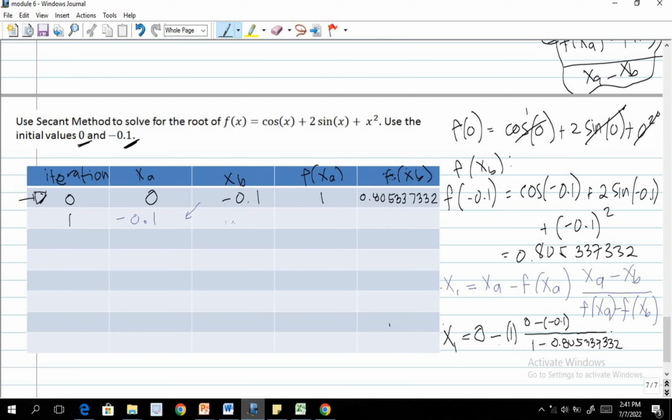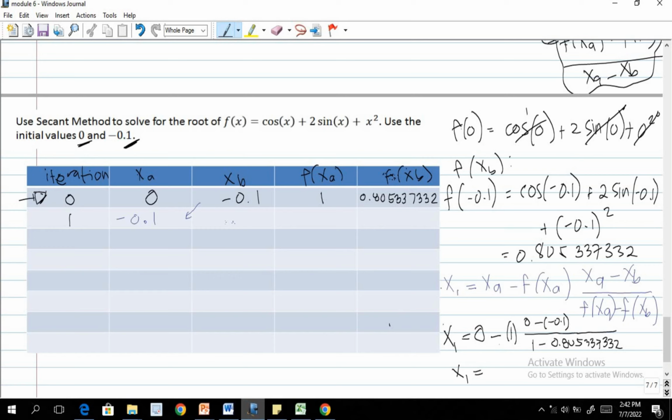0.80533732. If you input this in your calculator, the value of your x1 is equal to 0 minus negative 0.1 divided by 1 minus 0.80533732. Tama.